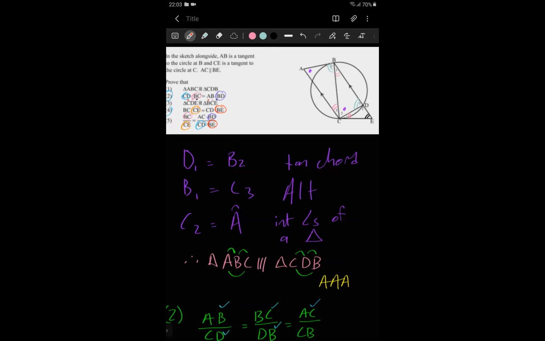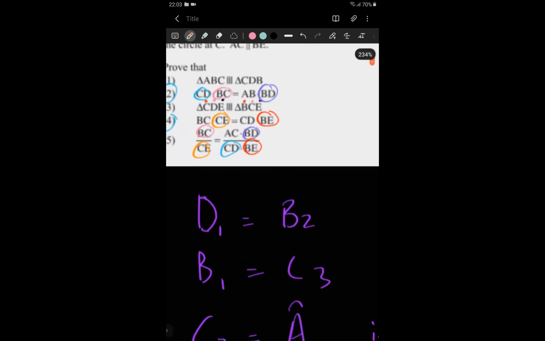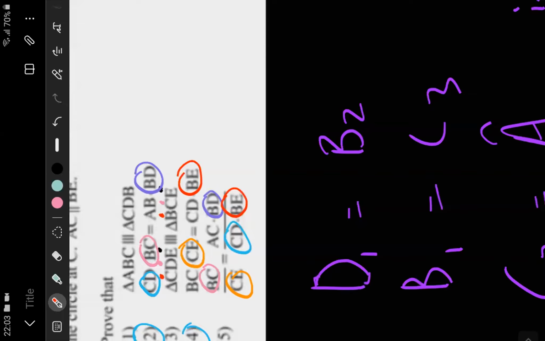So we can try and link things together. Fortunately, there's BC in both expressions. There's CD in both expressions as well. That is something we could definitely have a look at.